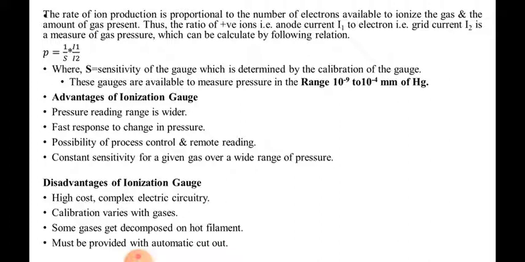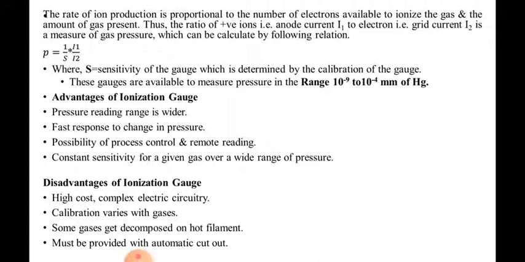Then the disadvantages of the ionization gauge: the cost is high, complex electric circuitry, and calibration varies with gas. Some gases get decomposed on the hot filament, and the gauge must be provided with an automatic cutoff.